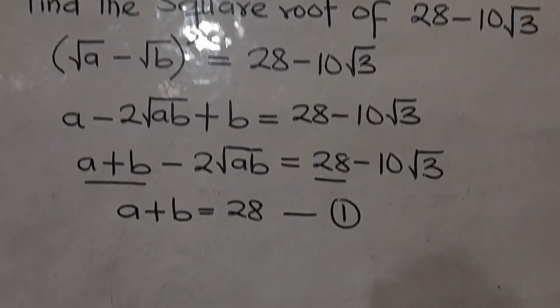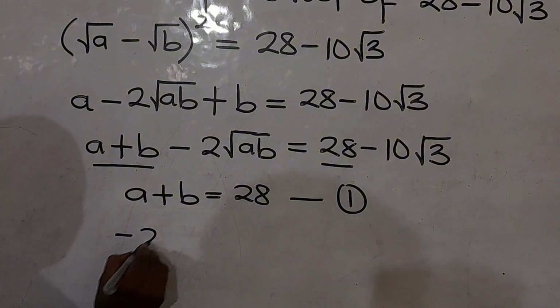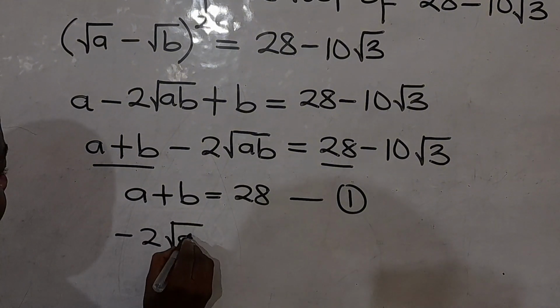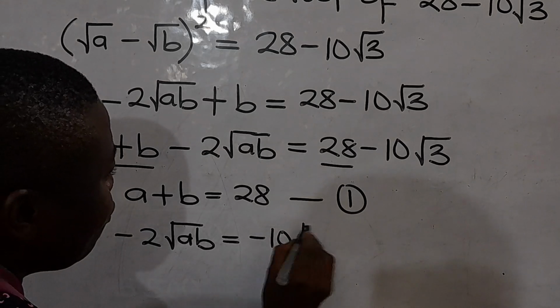And minus 2 root ab equal to minus 10 root 3.